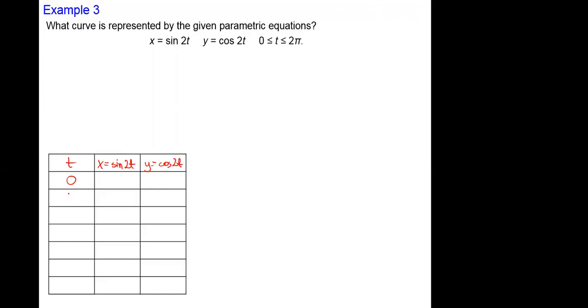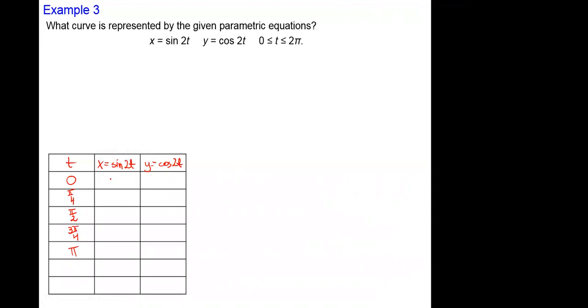Okay, 0, and now it will be crazy because it's 2 times, let's say pi over 4, then we will have pi over 2, and maybe 3 pi over 4 and pi.